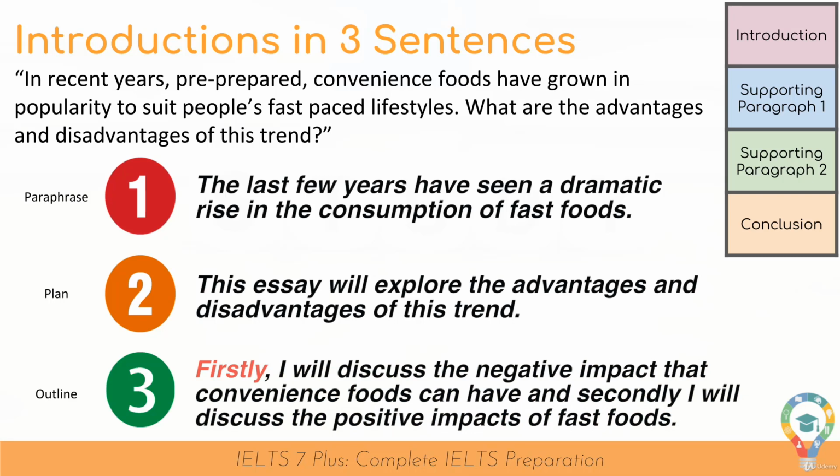Firstly, I will discuss the negative impact that convenience foods can have. And secondly, I will discuss the positive impacts of fast foods. Quite straightforward, and I've also used synonyms to not repeat myself too often. And as well, notice that I've used those 2-time connectives, firstly and secondly.